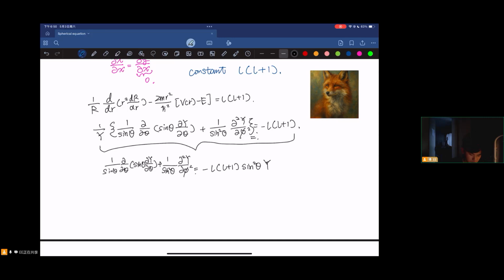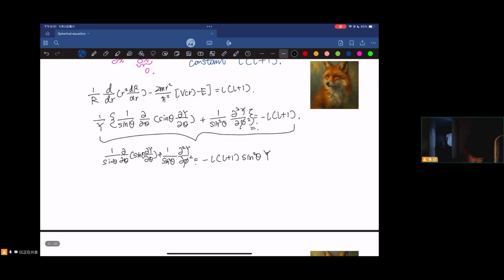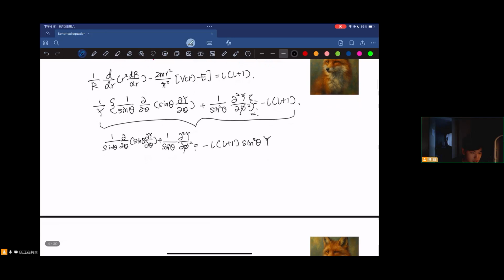Okay, one interesting thing. Now I have to make my second, well, maybe not second, assumption, which is the angle part of the Schrödinger's equation is made up by the theta parts and the phi parts.